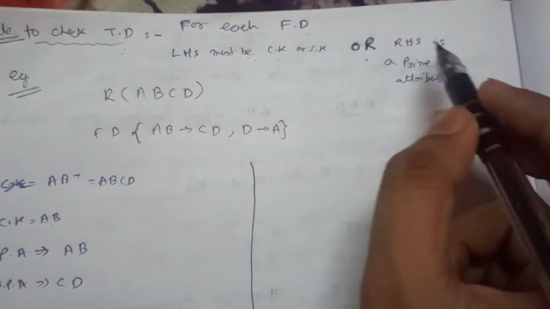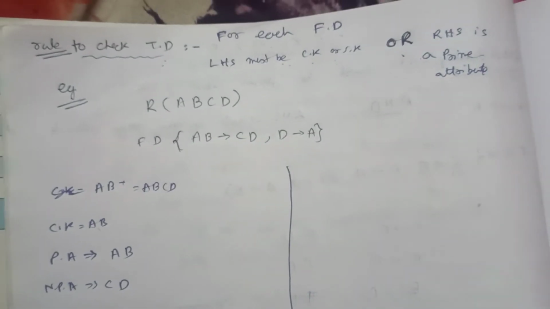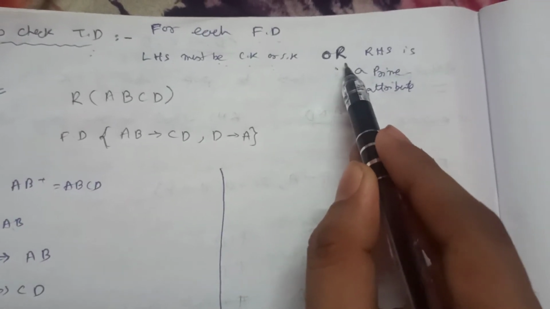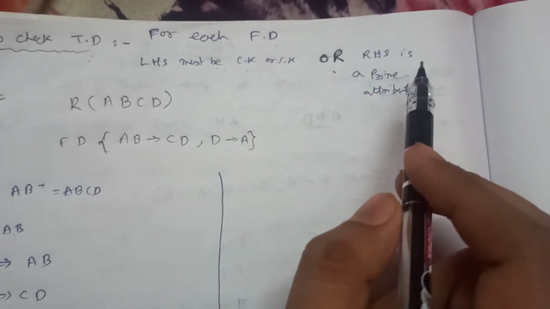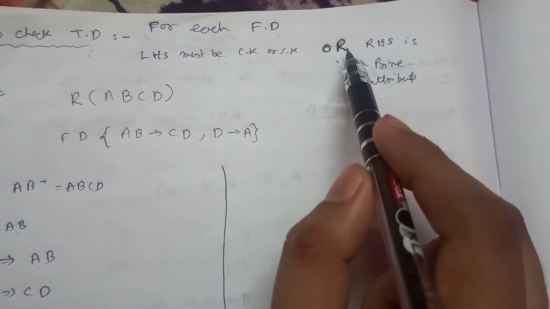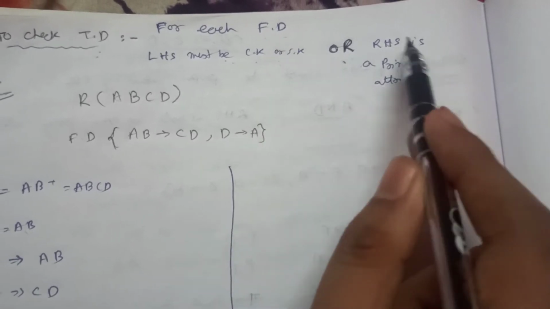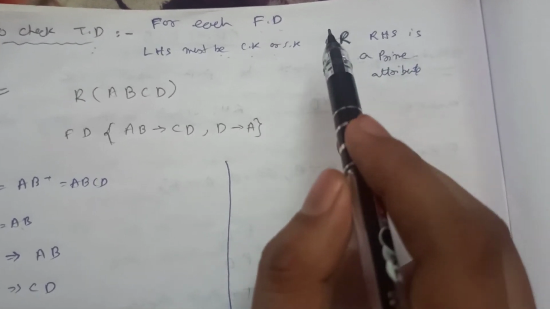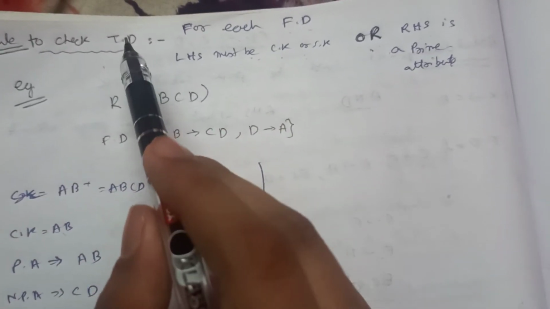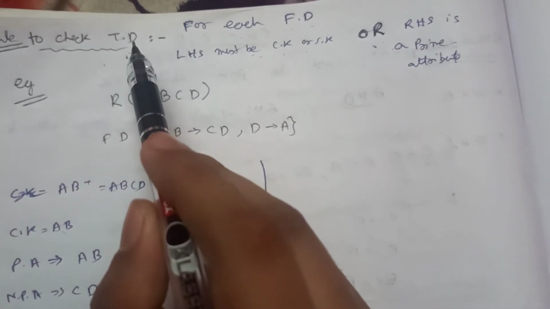Because we have an OR between them, if any one of these two rules is true, or both are true, then the table has zero transitive dependencies, so it is in 3NF.